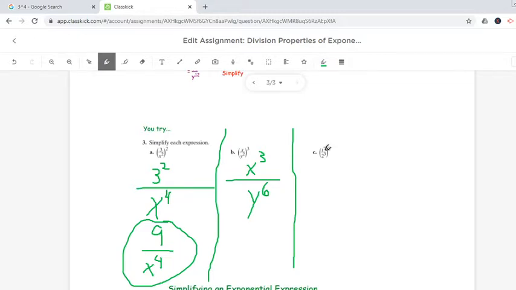And this is t to the 7th over 2 cubed, to the second. So multiply these. So that's t to the 14th. And then 3 times 2, that's 2 to the 6th.